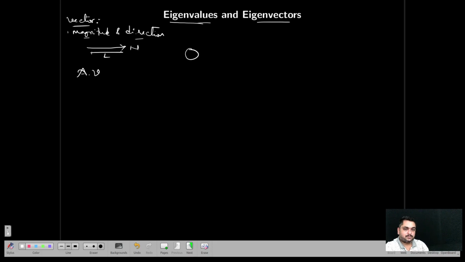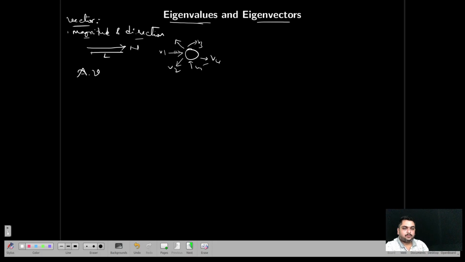Suppose I have an object, and I am applying vectors to it. You can consider them as forces: this is one vector, there is another vector, V1, V2, V3, V4, V5, something like this.